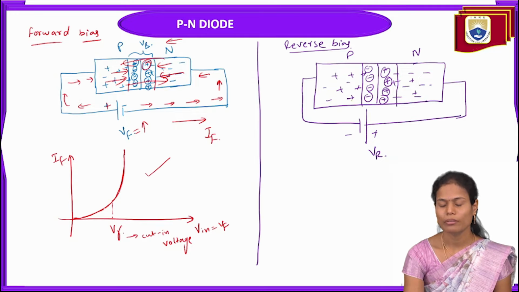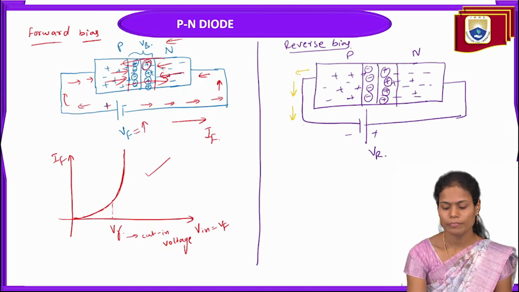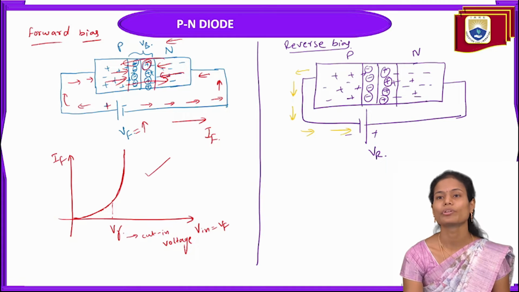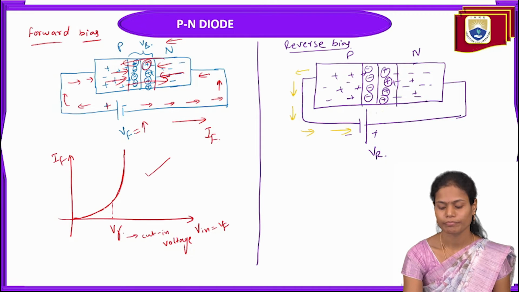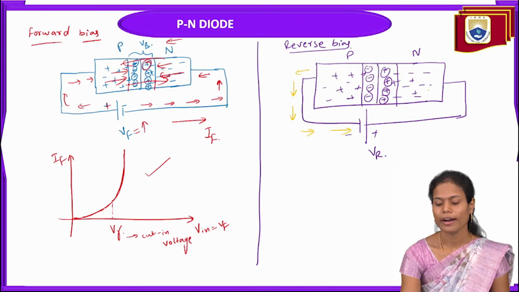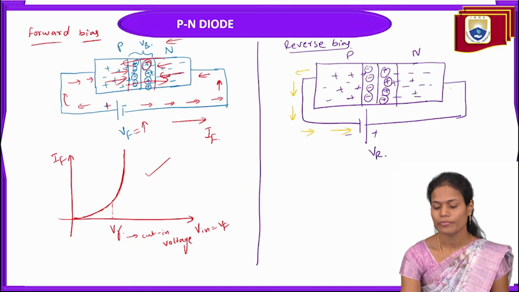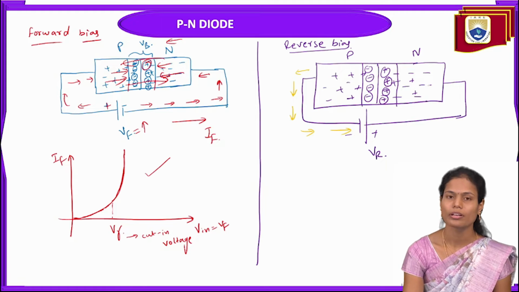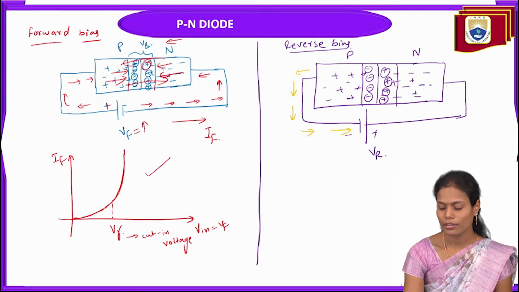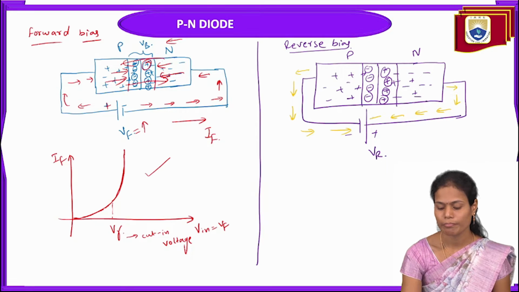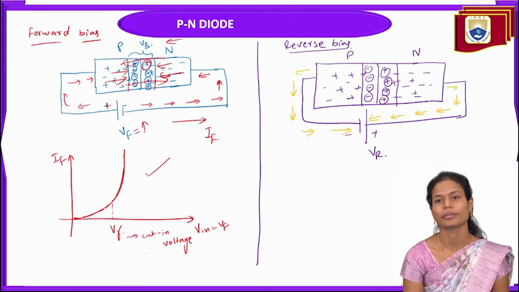The majority charge carriers of the p type of material, those are holes, are trying to move towards the negative terminal of the battery. And the electrons from this n type of material, the majority charge carriers in the n type of semiconductor material, are trying to move towards the positive terminal of the battery.